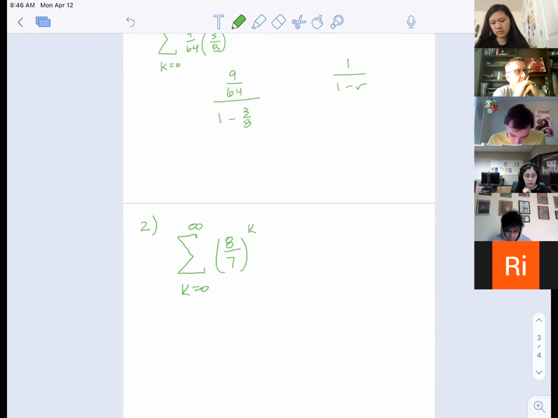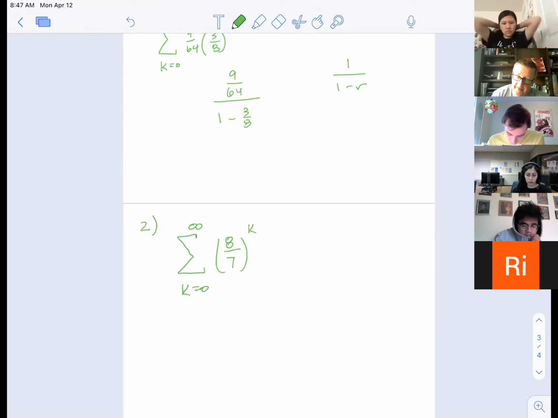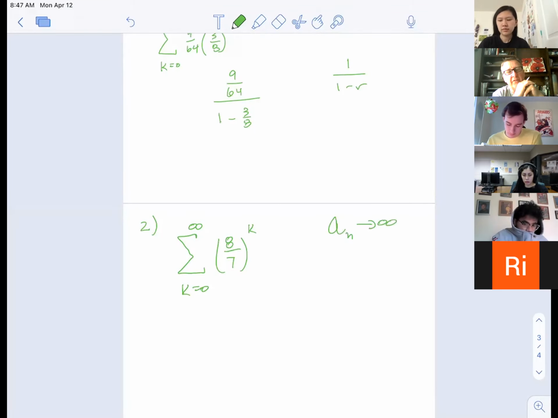Because the rate is over 1. Do y'all see that? Each term's getting bigger and bigger and bigger. See, the key with R being smaller than 1 is that each term gets smaller and smaller and smaller. In other words, a to the n is going to 0, but here each term is actually getting bigger and bigger and bigger. Do you see that?